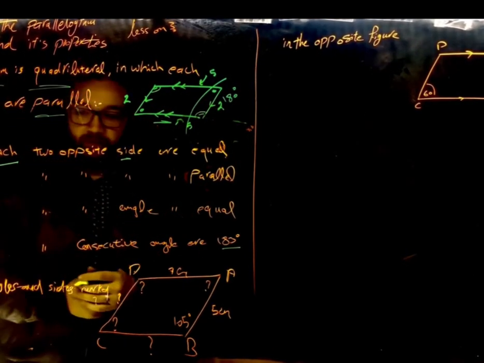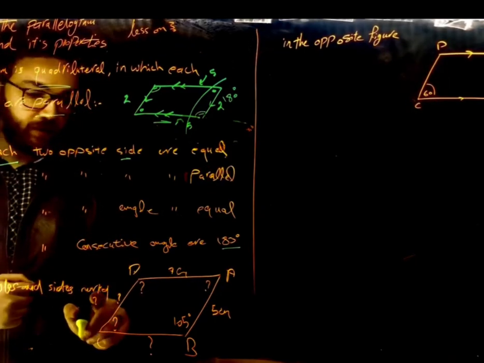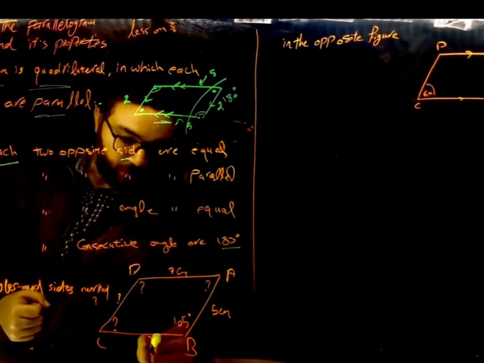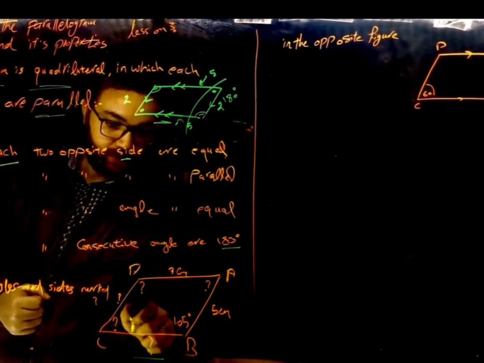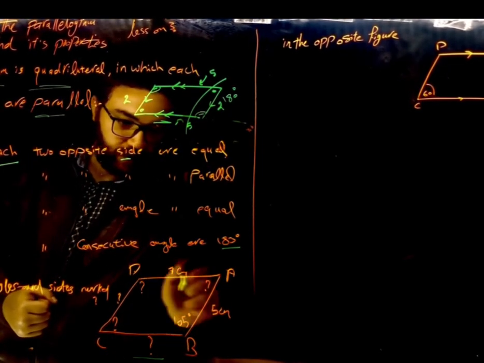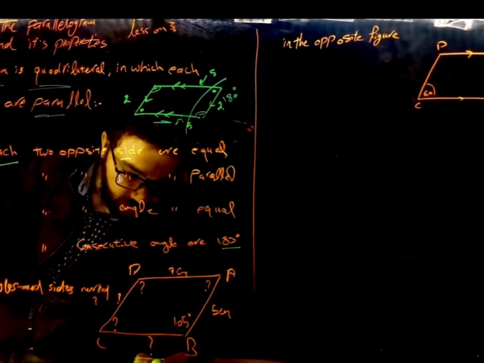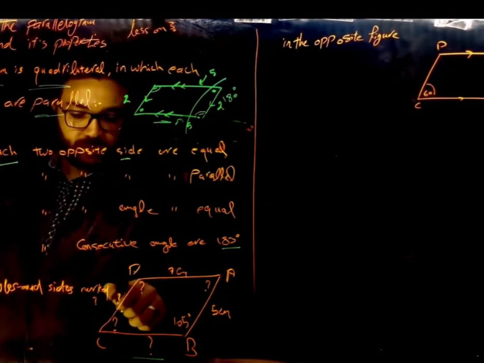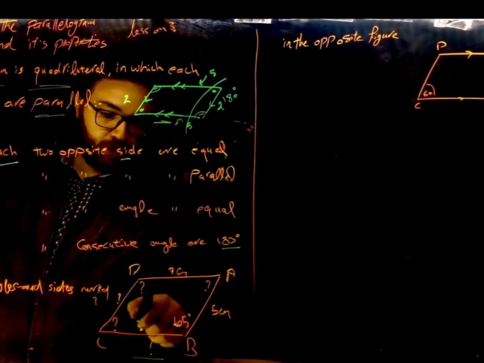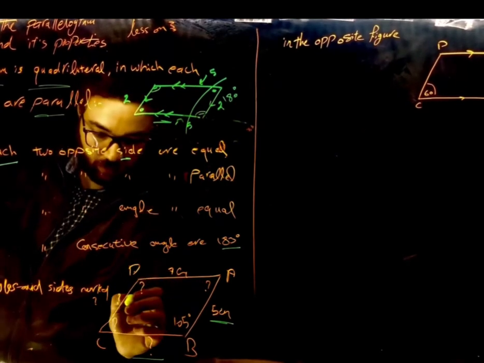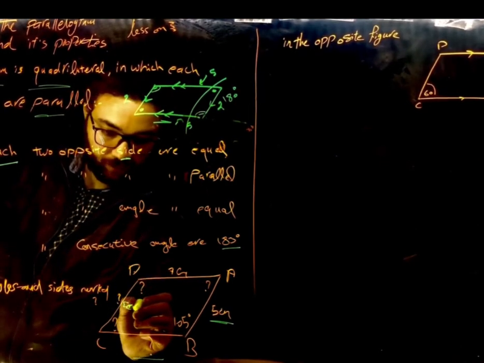For example, find the angle marked with a question mark. First, side CB is opposite to DA, and DA equals 7 centimeters, then CB equals 7 centimeters. The same for DC, opposite to AB which equals 5 centimeters, then DC equals 5 centimeters.